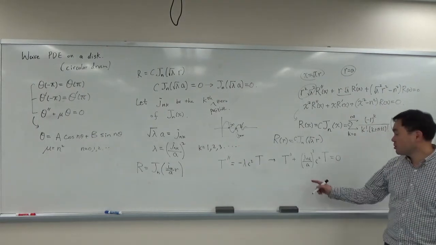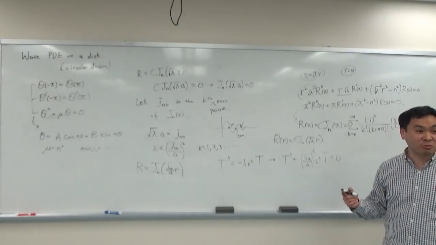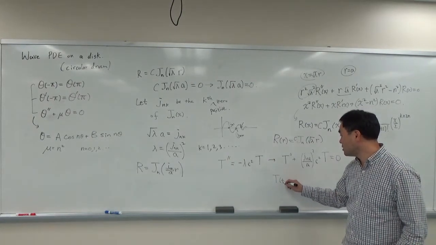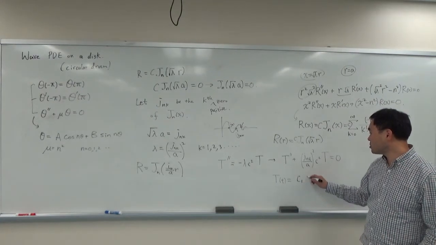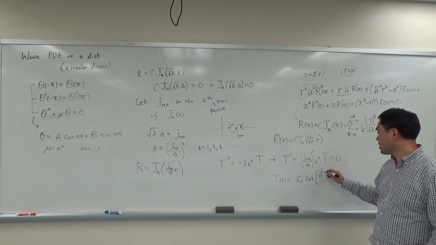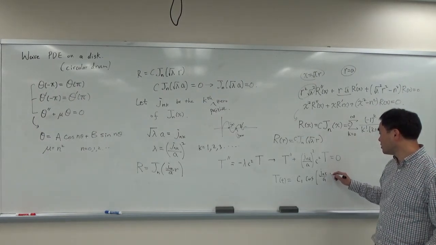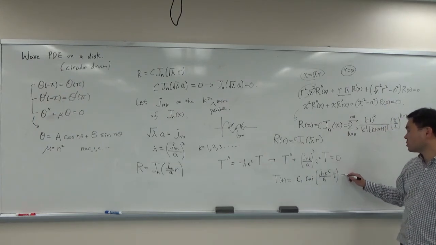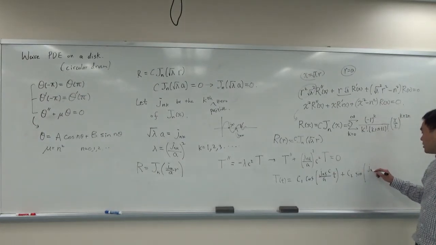Now if you solve the characteristic equation, you get something times i, so you know that the two functions are sine and cosine, right? So you're going to get T(t) equal to c1 times cosine of Jnk c over a, t, plus c2 sine of Jnk c over a, t.